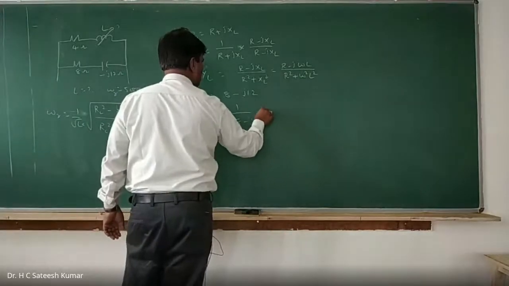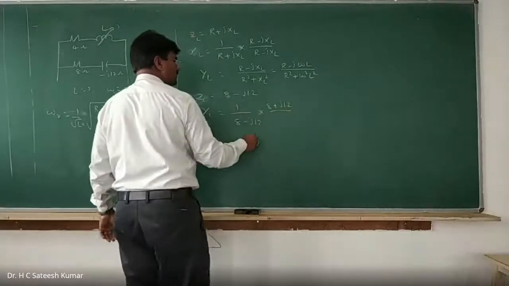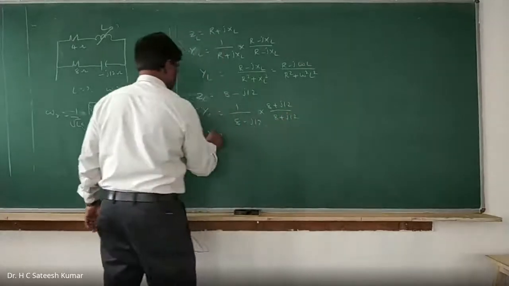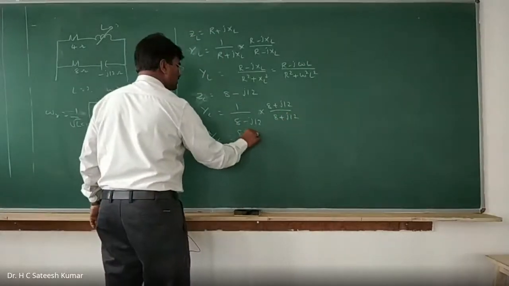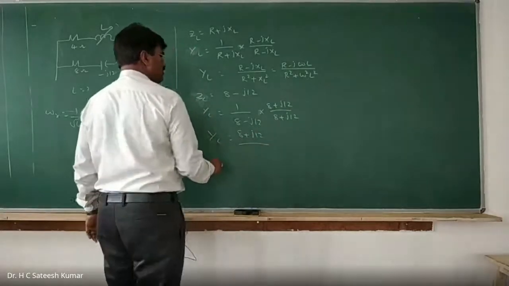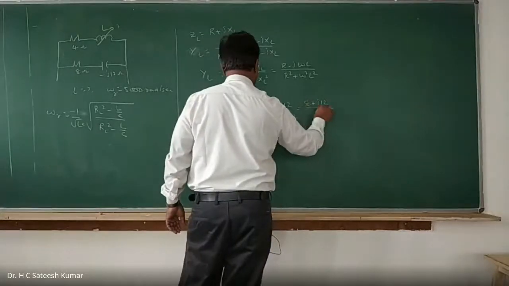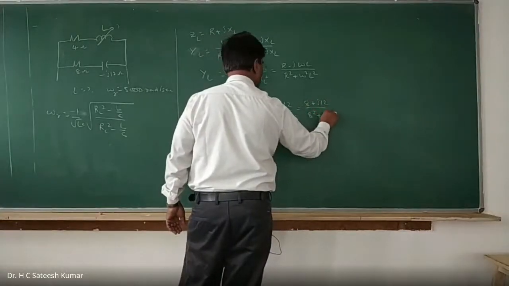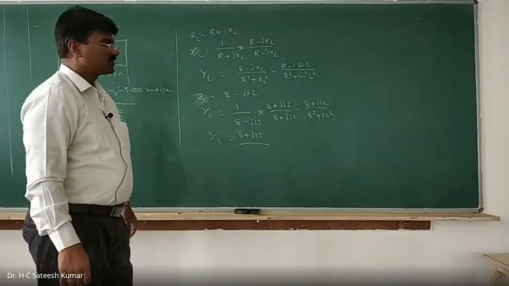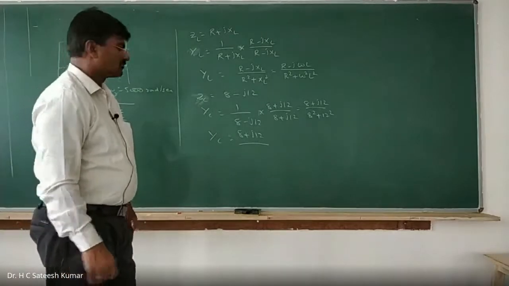It is nothing but 8 plus J12 divided by 8 square plus 12 square. How much is this? 144 plus 64, 208.